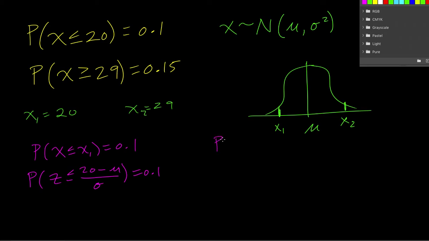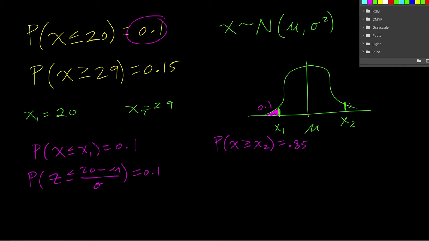And then over here, we have a similar situation. Actually, I don't want to do it that way. We're going to say that it's equal to 0.85 because, once again, we want to find the value, we have to say everything that's below it. So when we're right here and we have this value, 0.1 is the value below it.